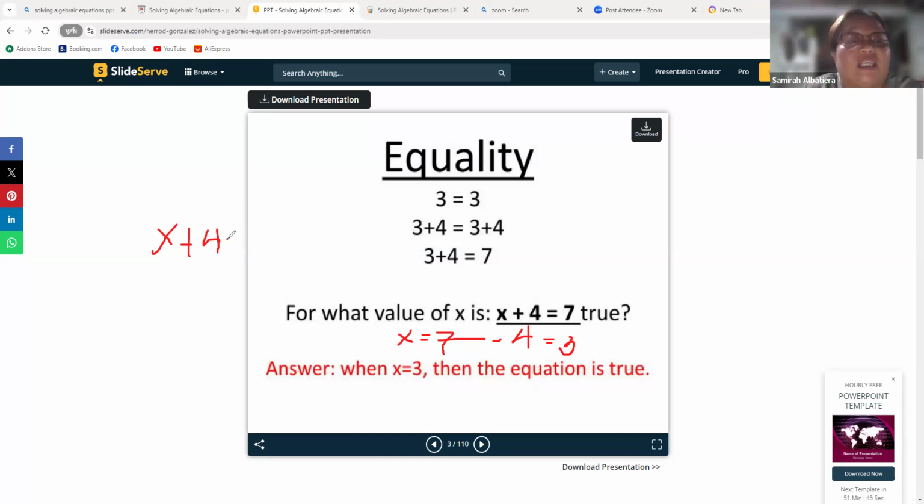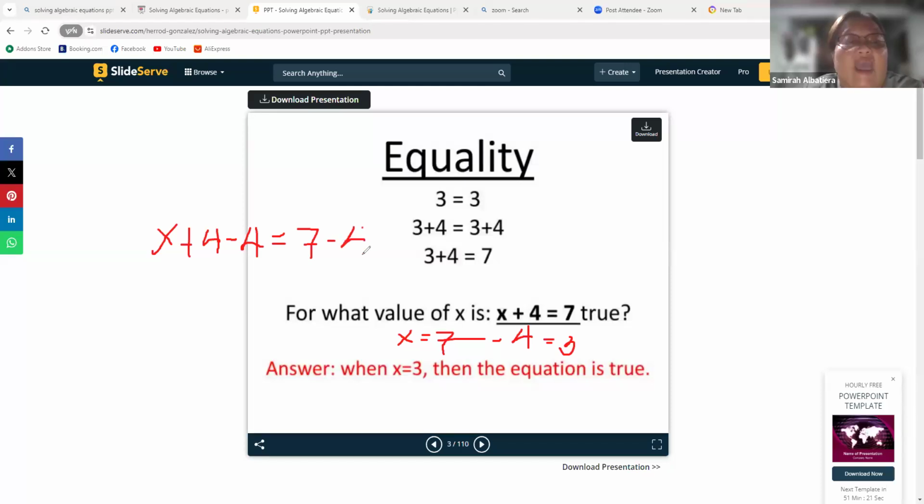We need to subtract 4 from the left side, because our goal is to make sure that only x remains on the left side. And then copy the 7. Since we subtracted 4 from the left side, we will also subtract 4 from the right side.